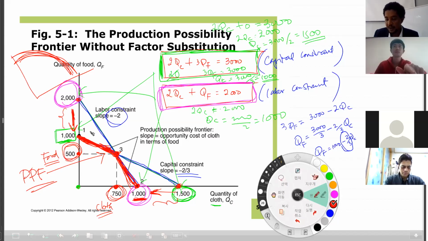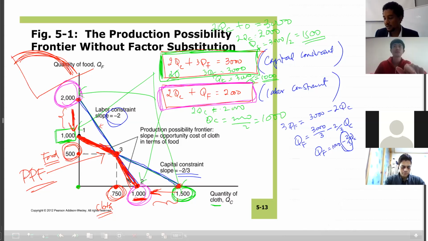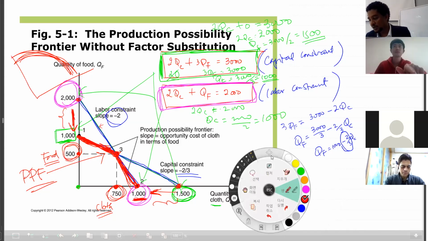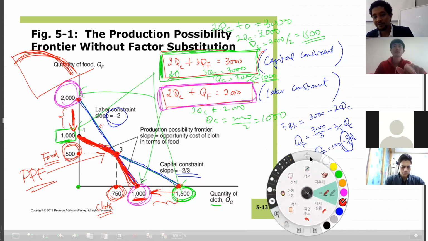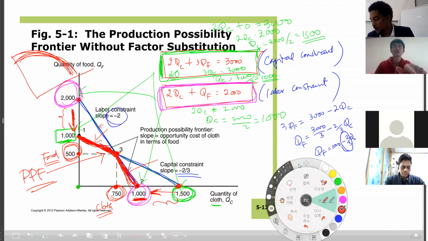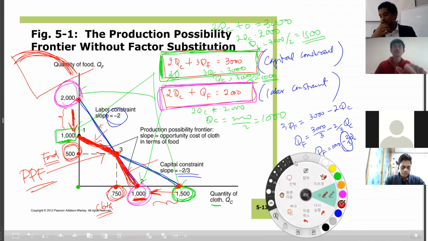If you take a linear line, there is a constant slope because you can compute the constant increase or decrease, okay? But for this one, you can see it is curved to the right like this, okay? So at this point, we cannot have a constant slope. This slope is different, and this slope is different, okay? So we will see how we can have a constant slope for this production, okay?